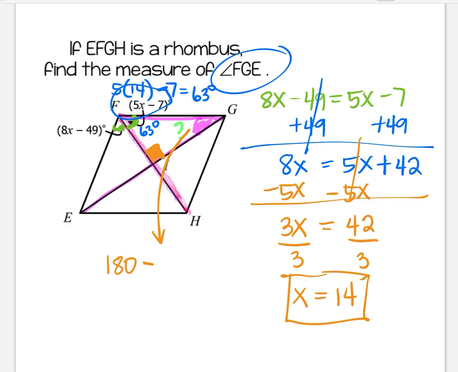So we know 63 degrees and 90, and whatever is left is the measure of the missing angle, and that is equal to 27. So therefore, the measure of angle FGE is equal to 27 degrees.